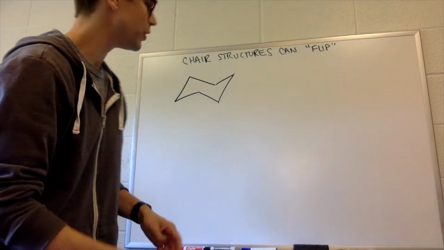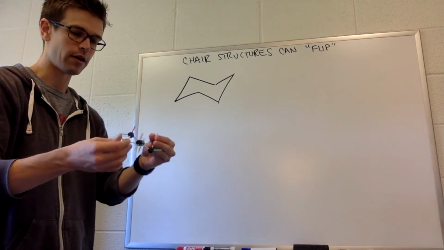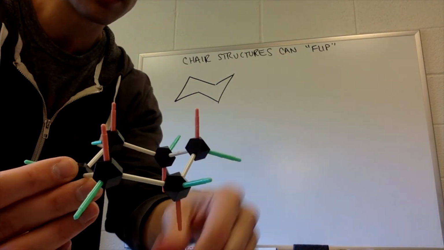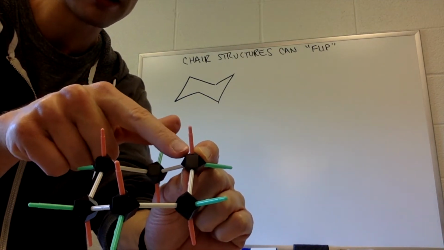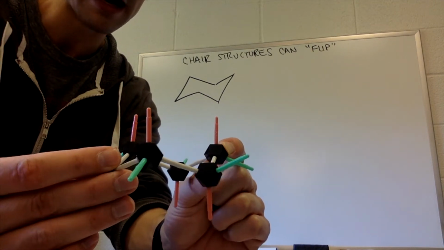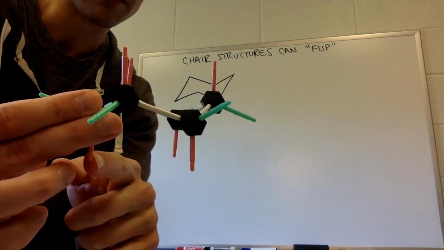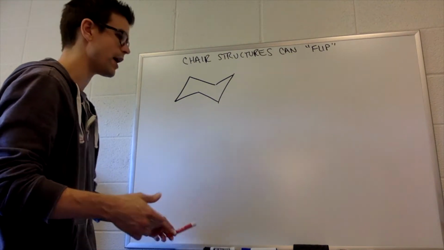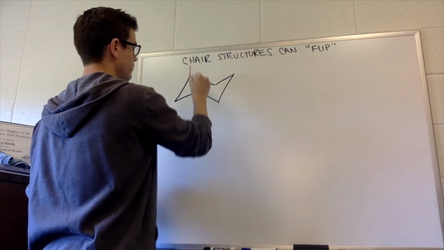So what we're going to do is draw the substituents on here, like I have on this small molecule here. Each carbon, so this carbon here, has a reddish pink substituent and a green substituent. So what we see here is that all of the reds, red, red, red, and then there's a red here, red here, red here, they're all axial. So we're going to put all the reds axial on this molecule here. We're not even going to give them a name.